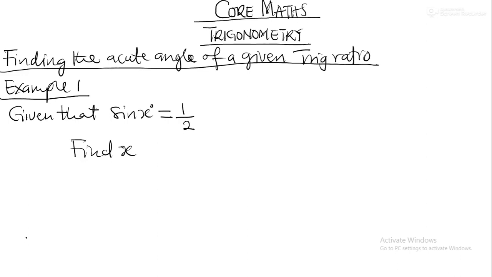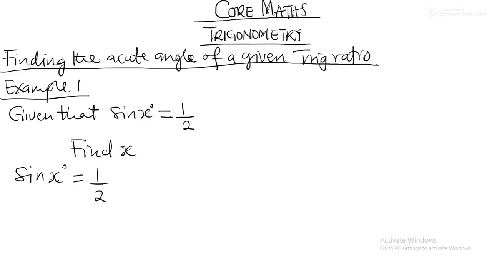So example 1. Given that sine x degrees equals half, find x. Good. So we know that we're given sine x degrees equals what? Half.